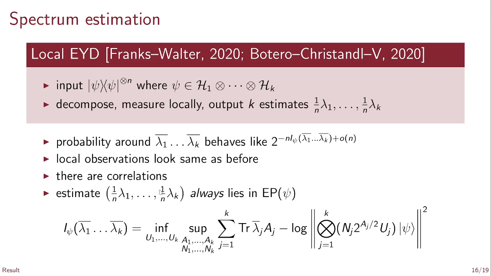That's a property of this local empirical Young diagram measurement. And let me mention here that in these two works, we obtained an explicit formula for this rate function, also in a more general setting, but in our case, this is what we get. So this kind of optimization tells us what the rate function is.